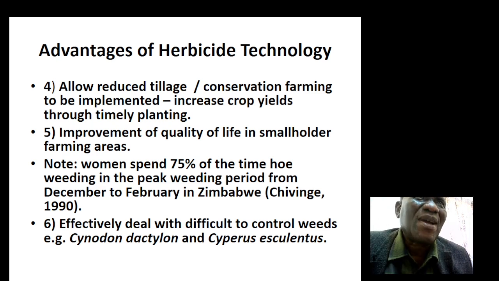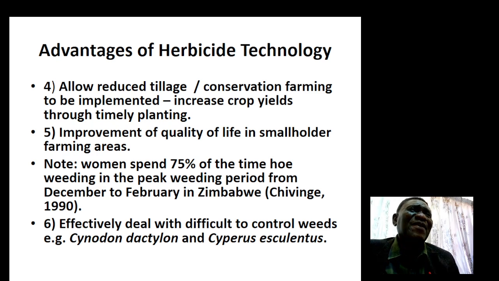Improvement of quality of life in smallholder farming areas. Chivinge reported that women spend 75% of their time weeding in the peak weeding periods from December to February in Zimbabwe.